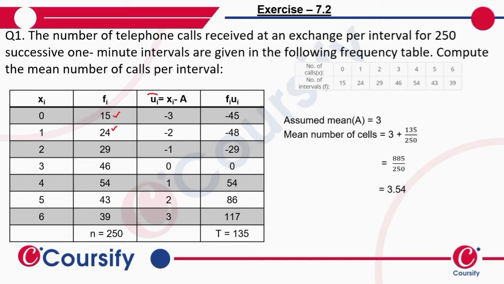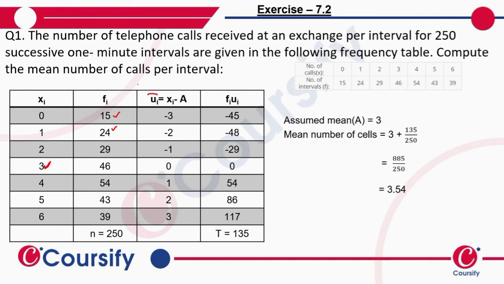A is the assumed mean, that is the middlemost value. So from 0, 1, 2, 3, 4, 5 and 6 we can assume 3 to be our mean, because it's the middle value.